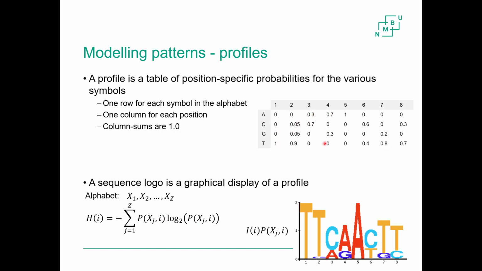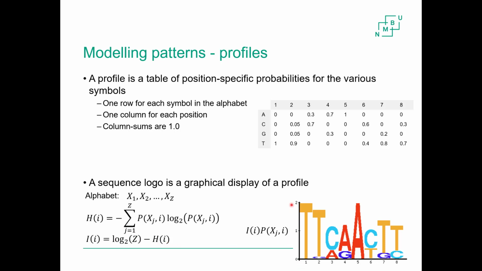These are the probabilities, the numbers up here, in each position, in each column. So you take the probability for each symbol, multiply by log 2 of that same probability, right? And then we have what we call the information content of a column, which is simply log of the alphabet size minus the entropy.